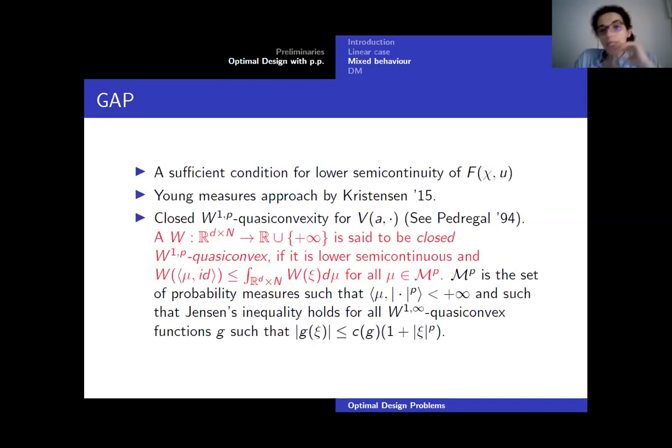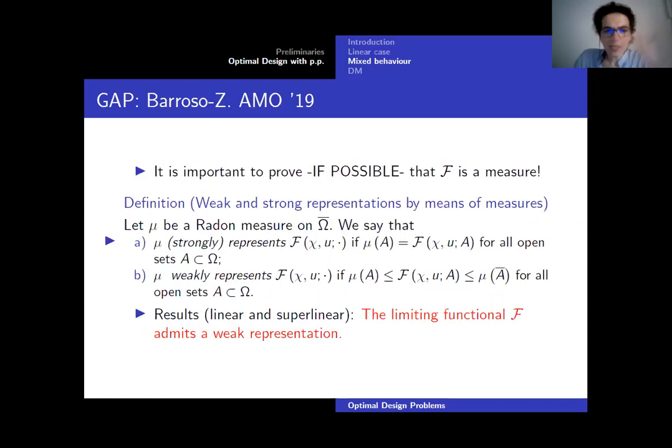We also have, but I guess I don't have time to enter into this in detail, so I'm sorry, I skipped those slides. And the point is that there are these two notions that play a role. The first notion is the strong representation, namely the representation that I was mentioning before: saying that for any choice of chi and u, calligraphic F is a measure.